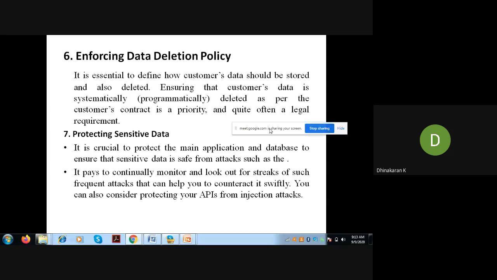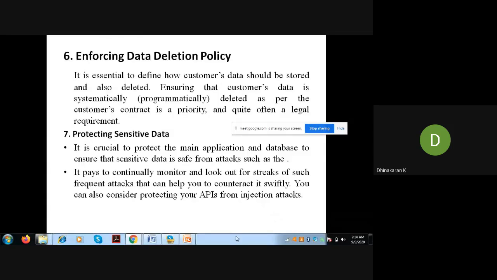Protecting sensitive data. It is crucial to protect the main application and database to ensure that sensitive data is safe from attacks. It pays to continuously monitor and look out for tricks such as frequent attacks, which can help you counteract them swiftly. You can also consider protecting your APIs. What is the sensitive data?